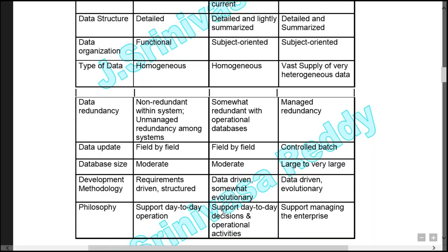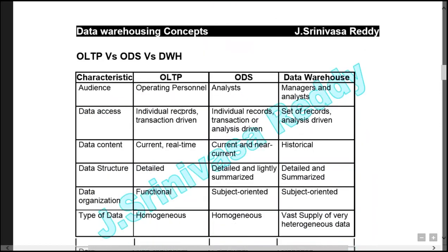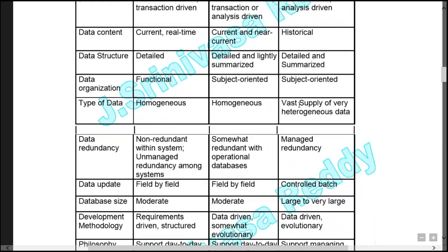What is the philosophy behind ODS? ODS is to support day-to-day decisions and operational activities, so to support operational decisions. Data warehouse is for the support of managing the enterprise, for the support of management-level decisions. This is the comparison of OLTP, ODS and data warehouse.